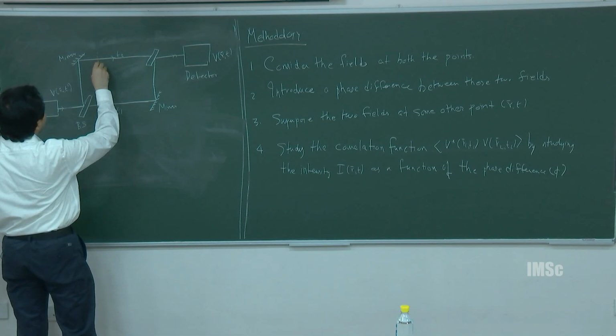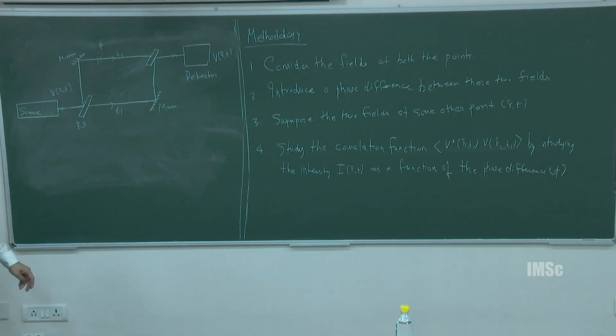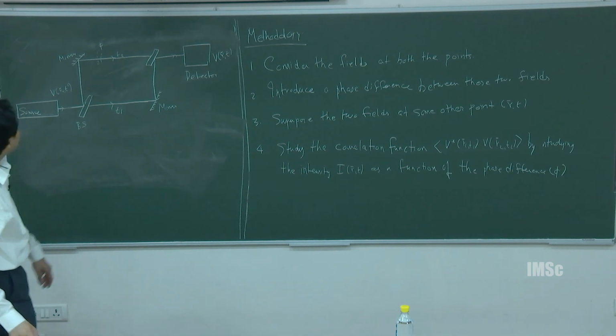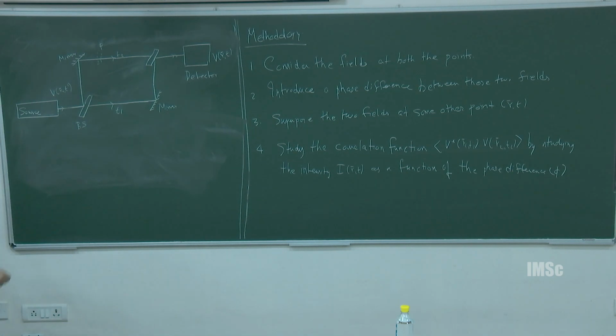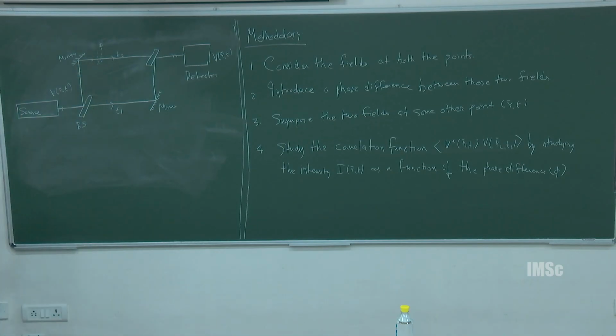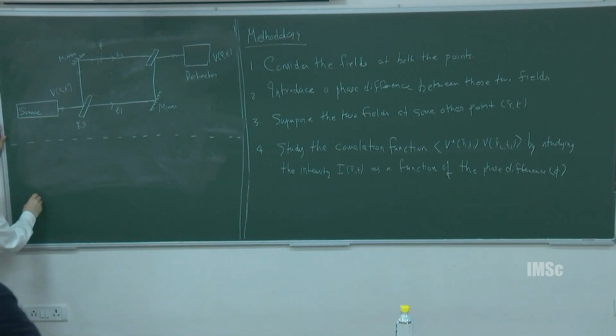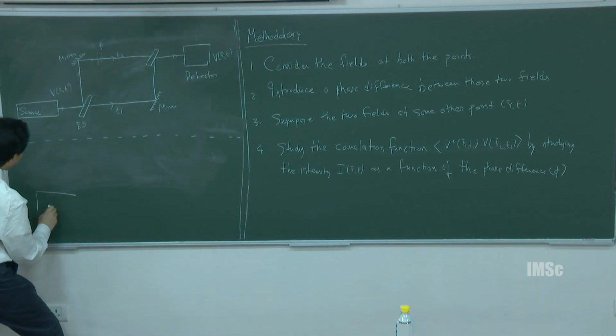Now let us introduce a phase shift here. How is the phase shift actually introduced in the lab? The way we do it is by changing the path length of this particular arm of the interferometer. So how do we do that? Let me just draw that one here. This is the source.